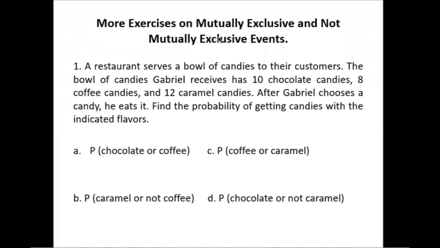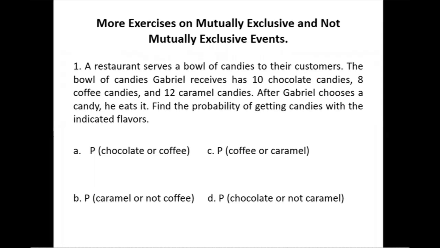Okay, more exercises on mutually exclusive and not mutually exclusive events. A restaurant serves a bowl of candies to their customers. The bowl of candies Gabriel receives has 10 chocolate candies, 8 coffee candies, and 12 caramel candies. After Gabriel chooses the candy, he eats it.